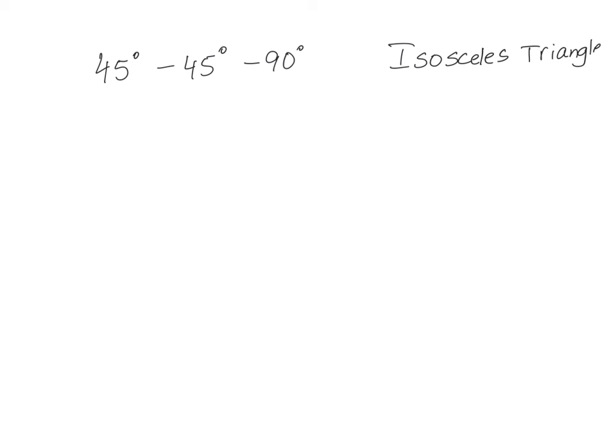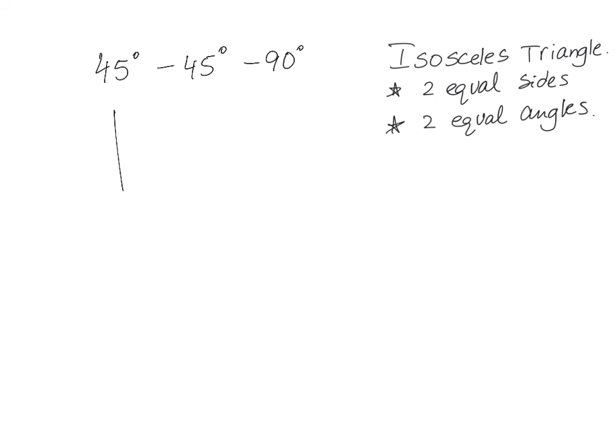So an isosceles triangle has 2 equal sides, 2 equal angles. So 45, 45. So these two sides are the same. So if I call this S, then even this is S. Okay?